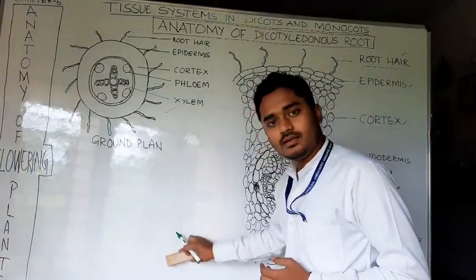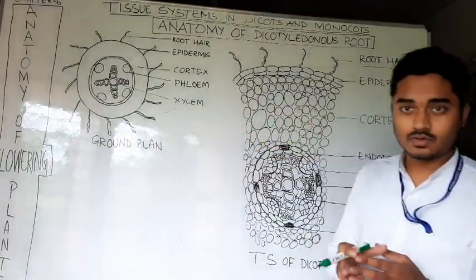So what are the tissue systems found in a dicot root?